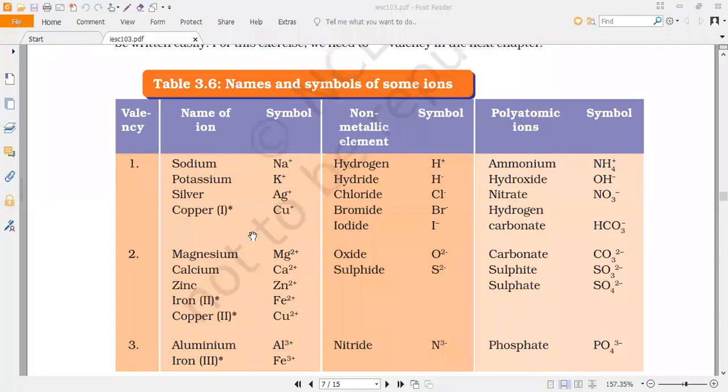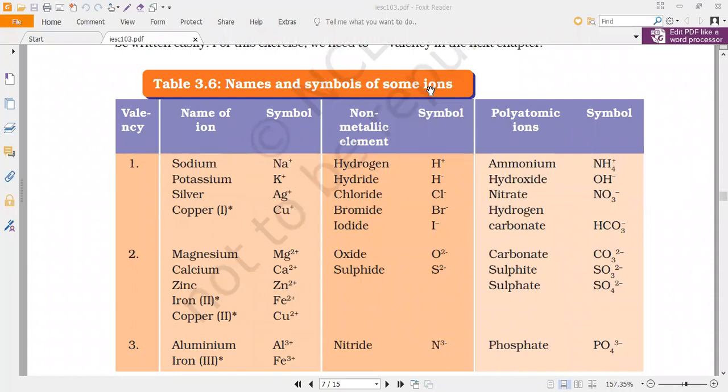Monoatomic ions, diatomic ions, and triatomic ions, or we say polyatomic ions. You can see here, more than 2 atoms are forming the ion. That is what we say polyatomic ions. Yes or no? I taught you yesterday, or not? Polyatomic ions. Everyone? Yes, sir.